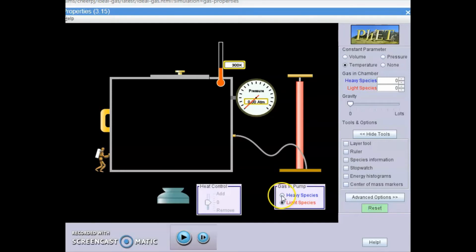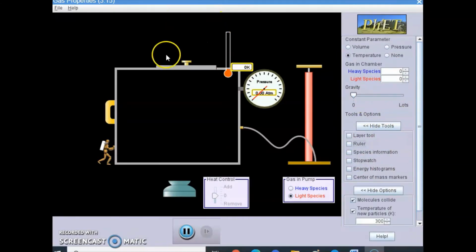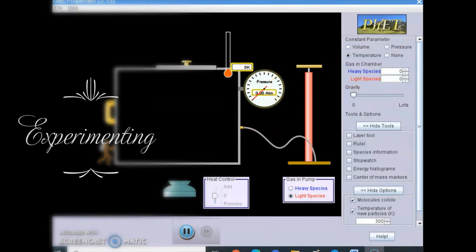I choose light, but I can even choose heavy species. Then gravity, and there are a few tools that I don't think I want to use. So this is the feature of the gas properties experiment in PhET.